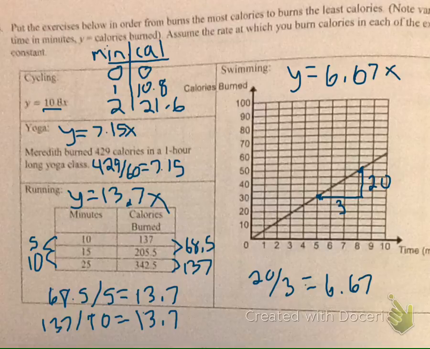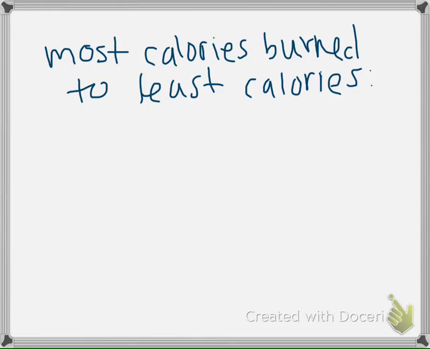Okay, so now that we have the equation for each one and we have the slope for each one, we have to put them in order from most calories to least calories. So most meaning the highest. So it looks like I have 10.8, 7.15, 13.7, and 6.67. So 13.7, running, would burn the most calories. So I'm going to put them in order. So it goes running.